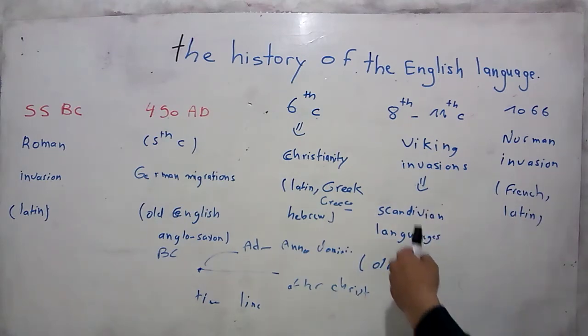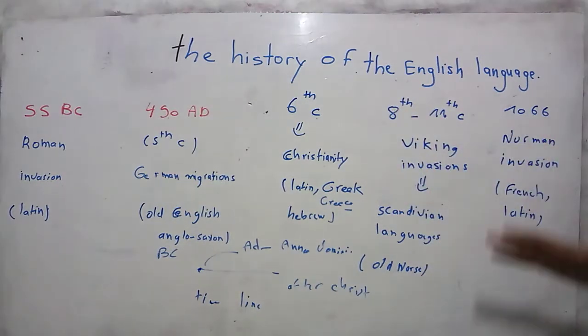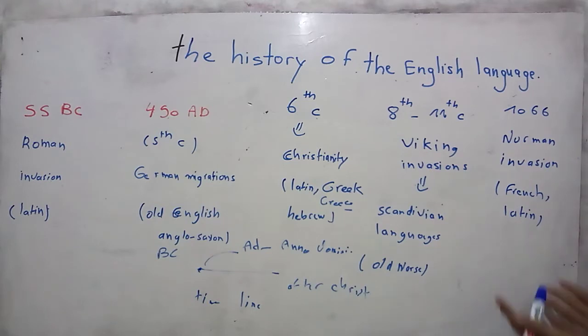After that, we have the age between the 8th and 11th century. Here we could talk about Viking invasions. This war brought a lot of changes with the Scandinavian language.